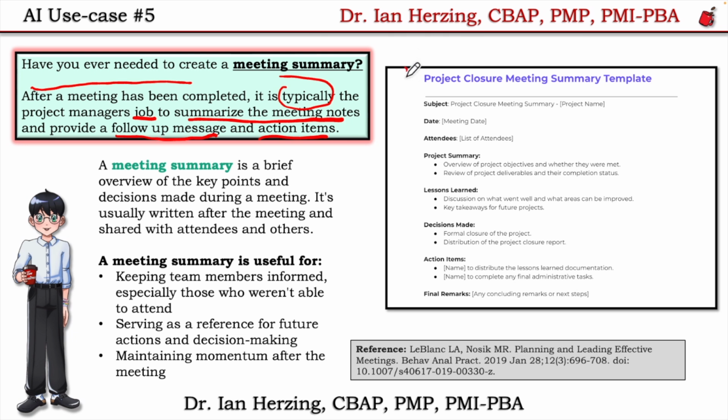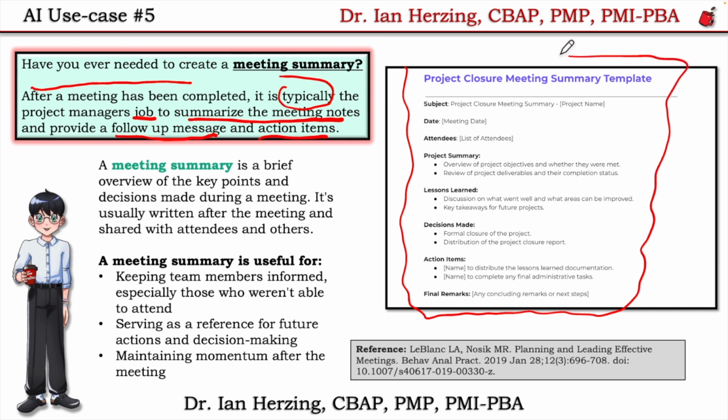If you haven't seen a meeting summary template, it typically has the name of the meeting, when it occurred, who attended, maybe even a summary of the project. And then, of course, the biggest piece of this is the action items, because we want to keep that momentum going for our project teams, right?